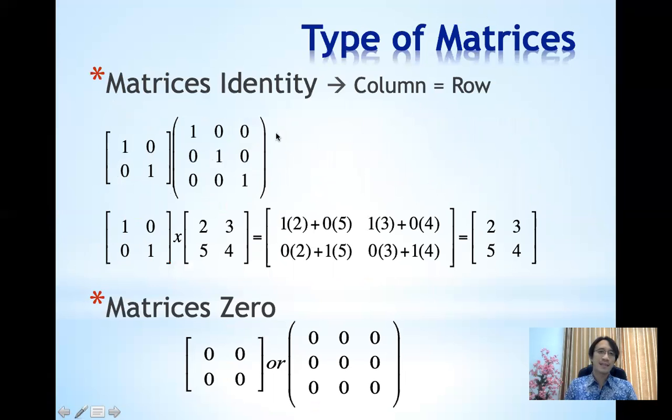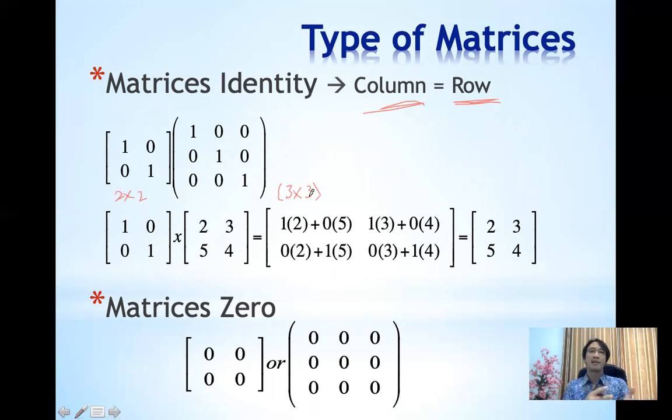The other type of matrix is called the identity matrix. For the identity matrix, the number of columns must equal the number of rows. So the first one is 2 times 2, and this one is 3 times 3.